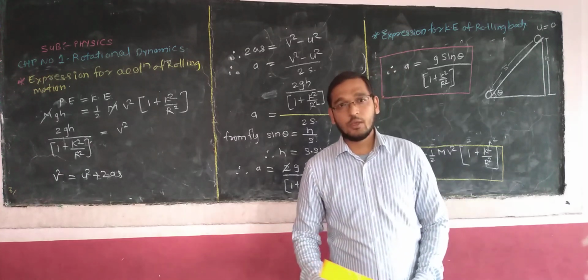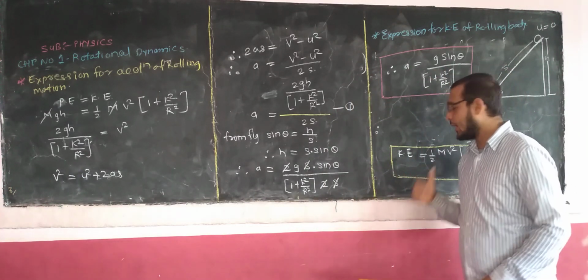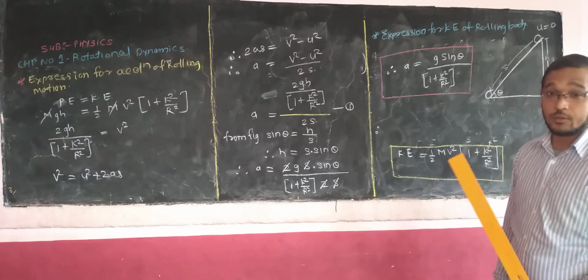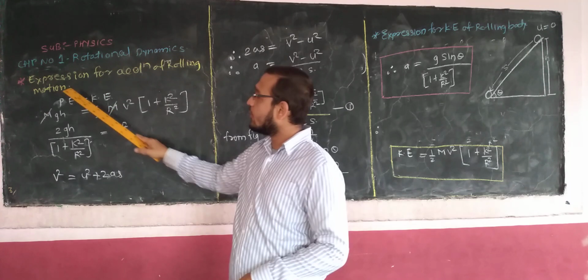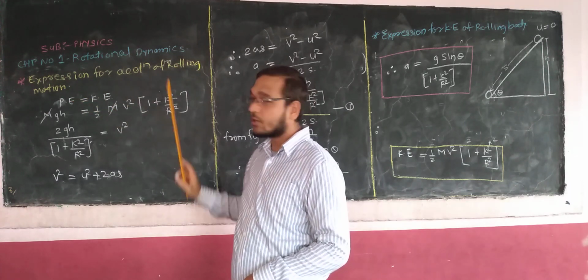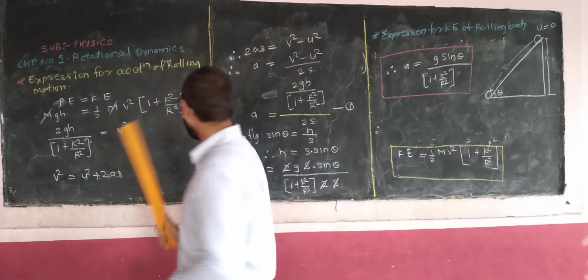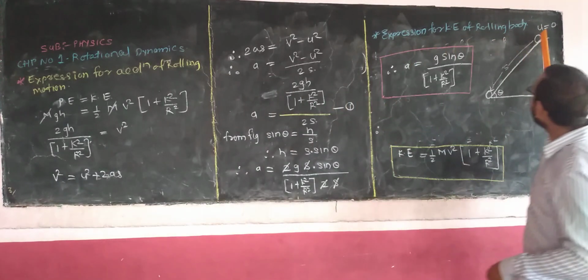Now we have derived the expression for kinetic energy of rolling motion. Now we are going to derive the expression for acceleration of rolling motion. Now see, consider the particle is here.